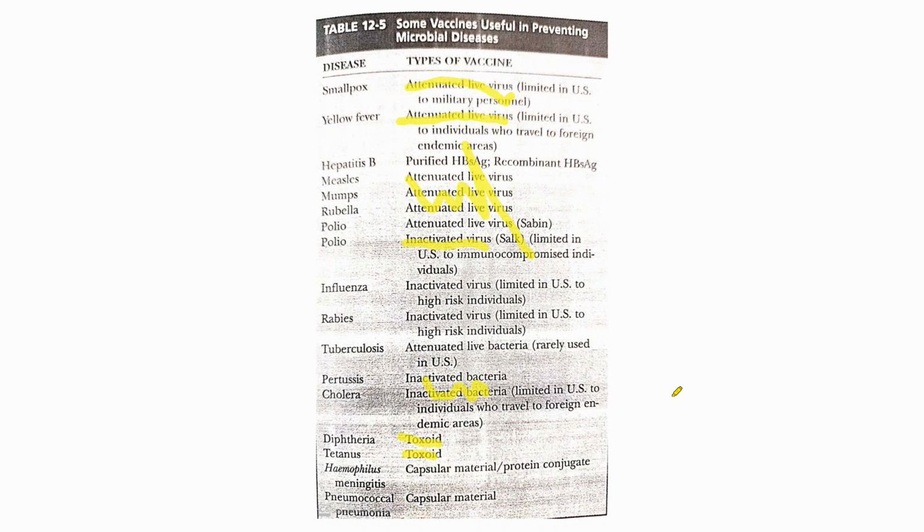Toxoid is a toxin that has been inactivated. Diphtheria toxoid, tetanus toxoid. Similarly, it can generate antibodies in the recipient, but it will not cause disease. Then we are also using some treated capsular material as vaccines.